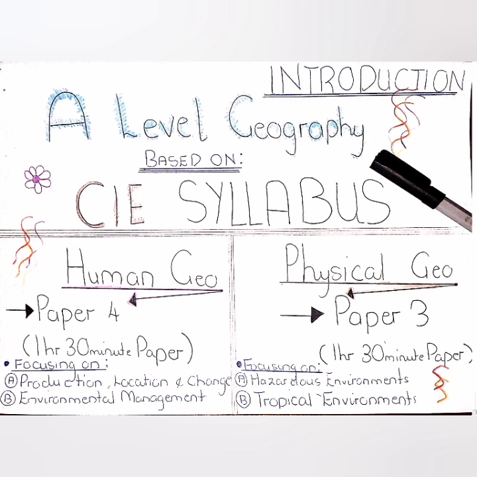Same applies to the physical geo paper, which is referred to as paper 3 and is 1 hour 30 minutes long. I'm going to be focusing on production, location and change and environmental management for the human geo side, and for the physical geo side I'm going to be focusing on hazardous environments and tropical environments.